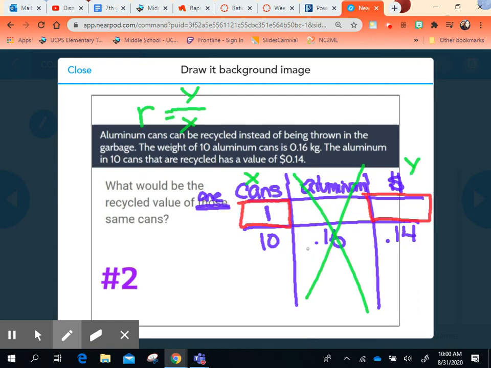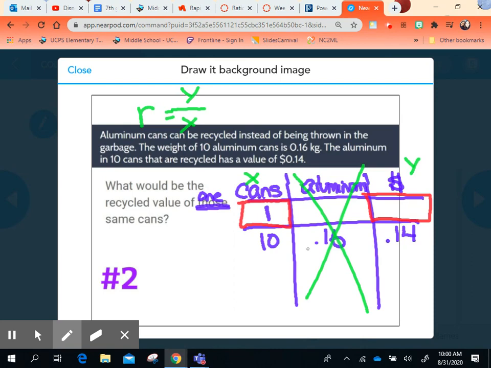I had one person get me the answer, and then I had one person that was close. So if I do 0.14 divided by 10, what does that give me? And not Jesus, because Jesus has the answer. I want somebody else. Good, Randy.